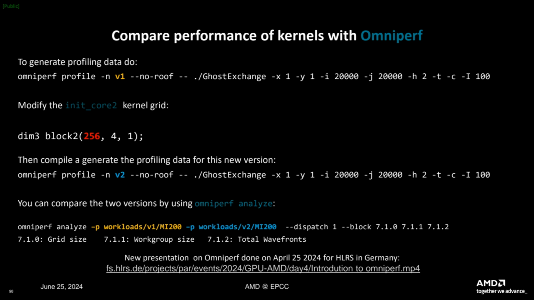And then you can run OmniPerf analyze, and that's gonna compare the performance of the two different implementations and show you how they compare head to head on several different counters or metrics, like for instance the grid size, workgroup size, and total wavefronts.